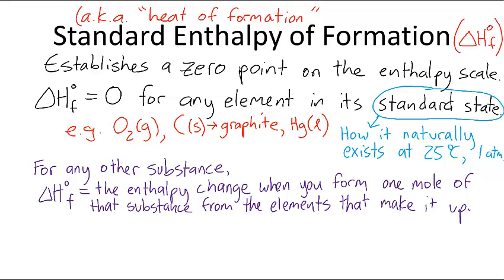So some of these can be measured pretty directly. Right? If you want to measure the enthalpy of formation of CO2, what you need to do is take some carbon, react it with oxygen to make CO2, and measure how much heat is given off. All right?